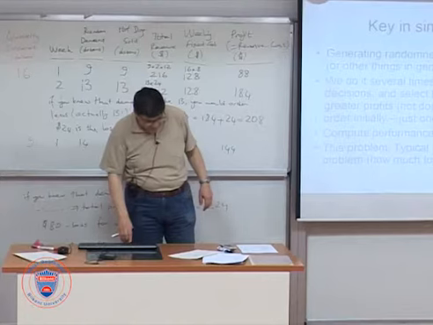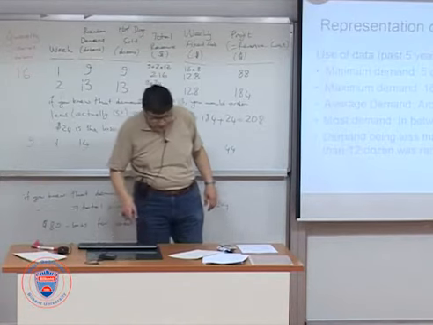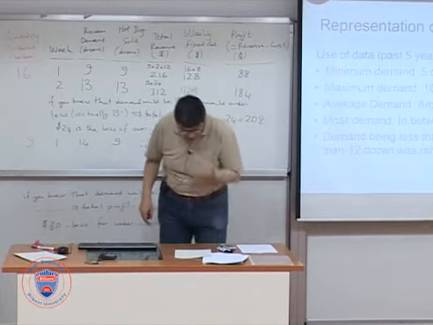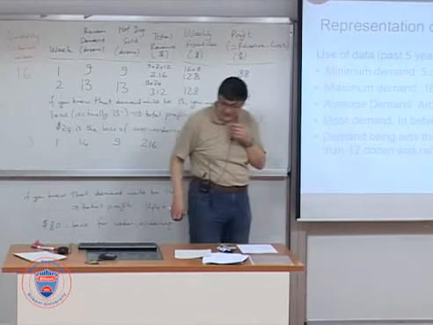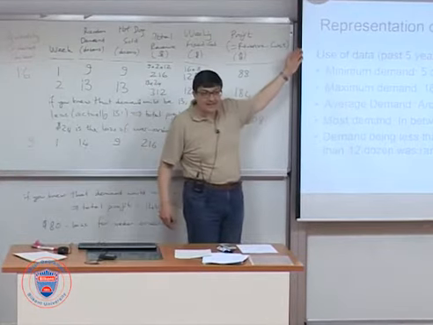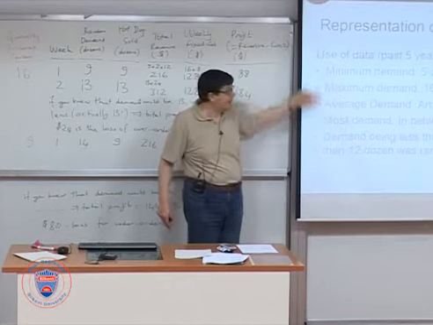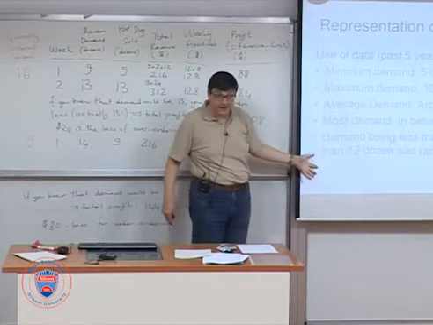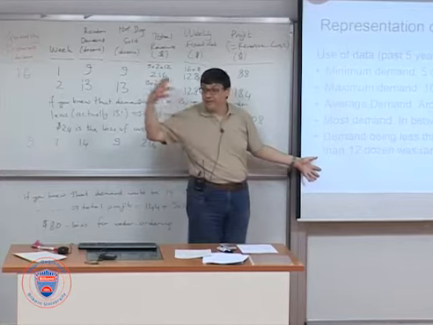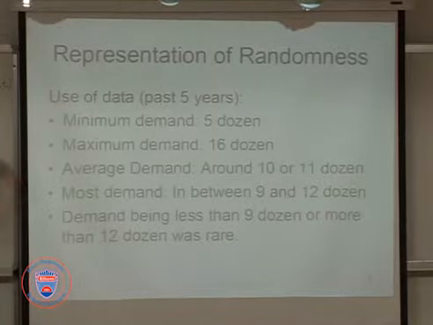Okay. Now, the next few slides, which I'm not going to spend time on, from 9 to 17, are basically describing how we can represent the past data that we have as a function to be used to randomly generate the demand.